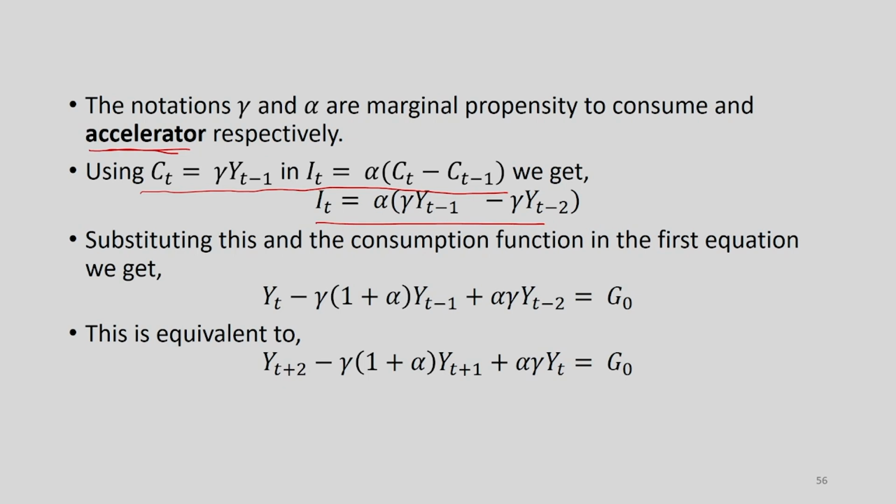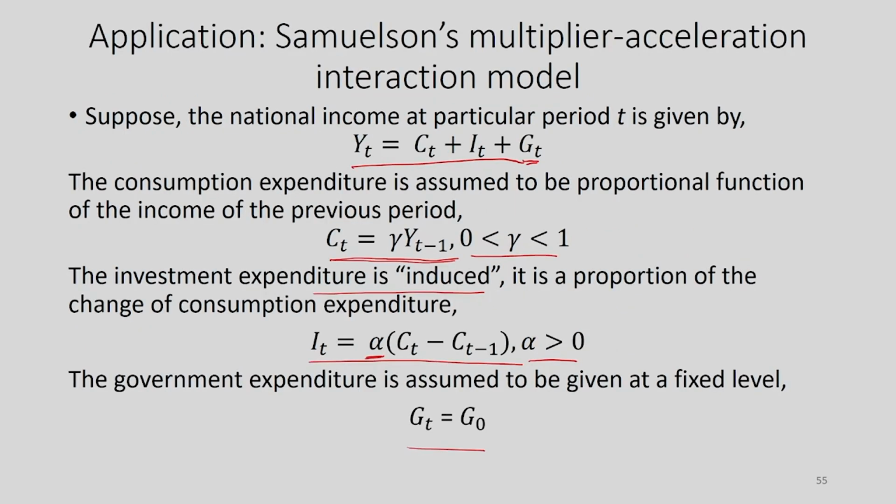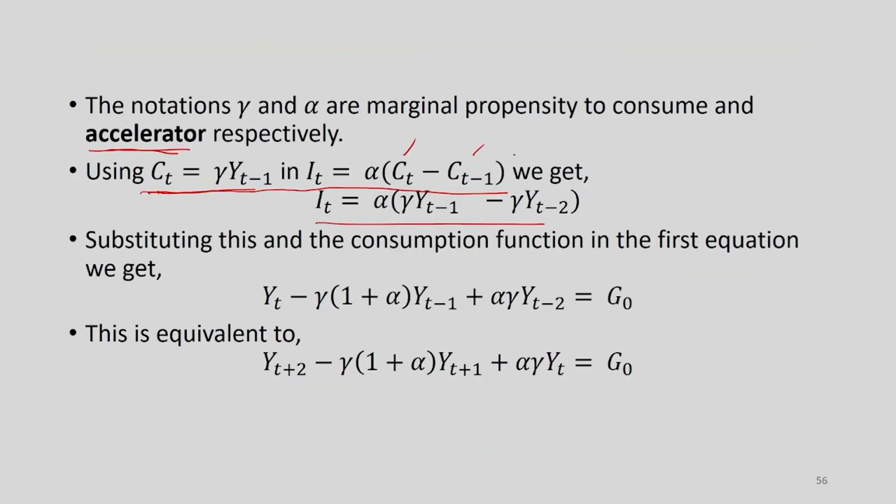Basically, we have just used the fact that consumption is a function of the income of the previous period. We have substituted that here and here. So, we have got it, right, and now we are going to substitute it and the consumption function in the national income identity, which is this, and we are going to get this, right.